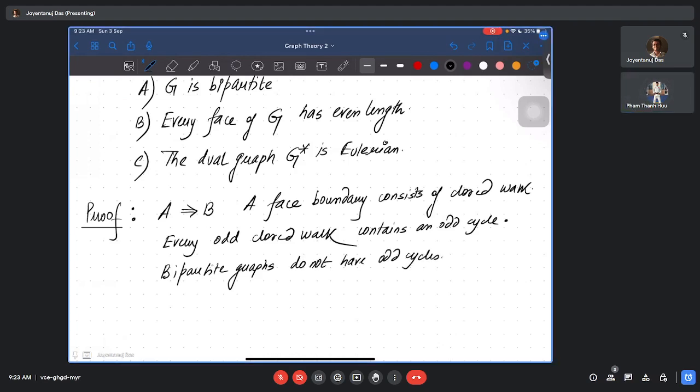So this implies that in a bipartite plane graph, the contribution to the length of a face is always even.